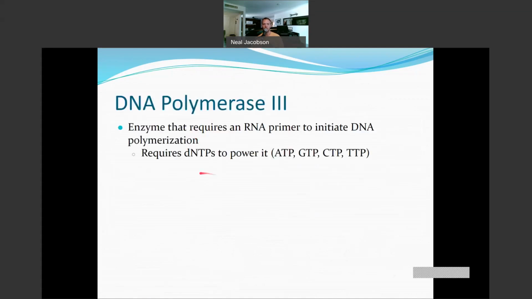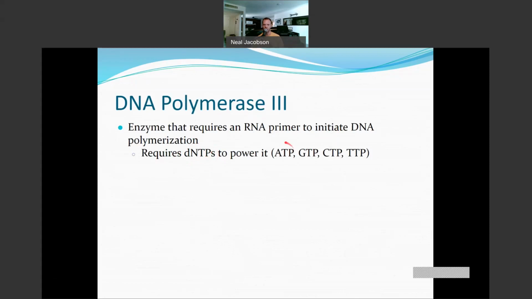Okay. It also is going to require dNTPs, and you're like, what is a dNTP? Well, let's figure it out, right? d stands for deoxyribose, N stands for nucleotide, T stands for tri, and then P stands for phosphate. So if you think about it, a dNTP is literally just a single nucleotide with 3 phosphates bound to it, right?